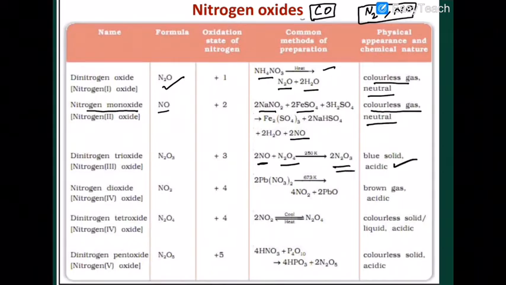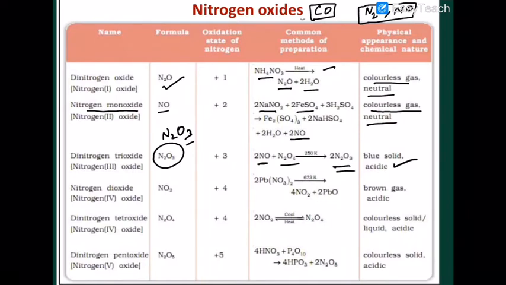N2O3 is a pure anhydride. When you dissolve N2O3 in water, you will get nitrous acid only.